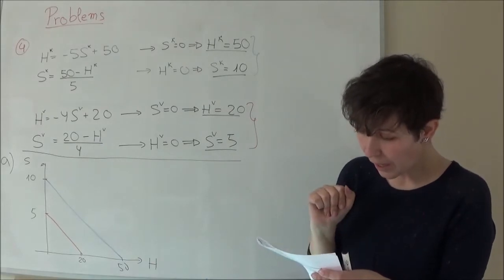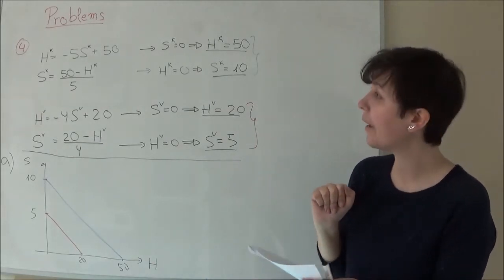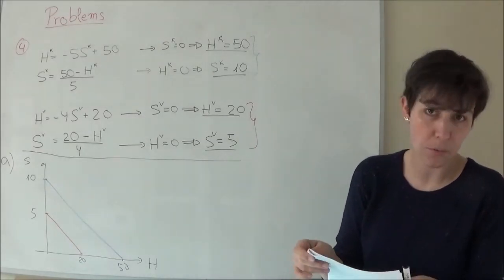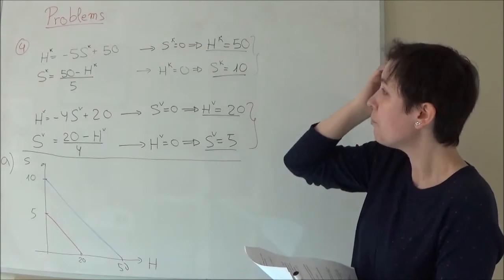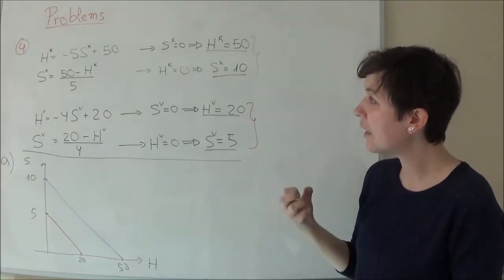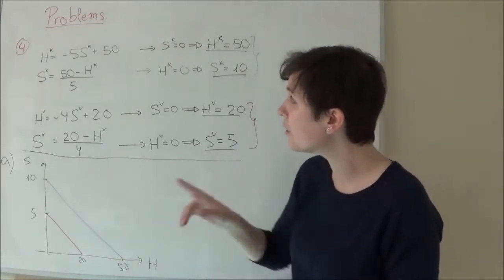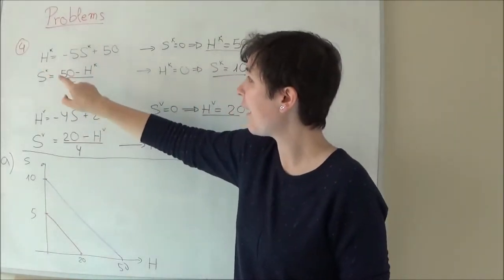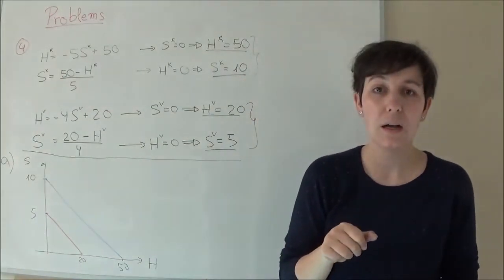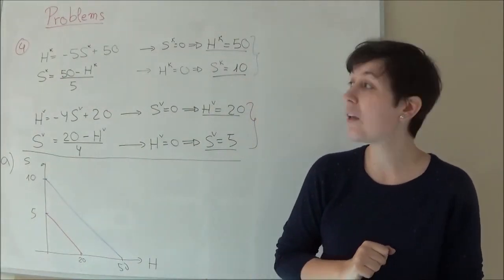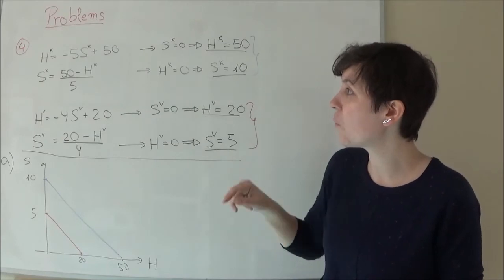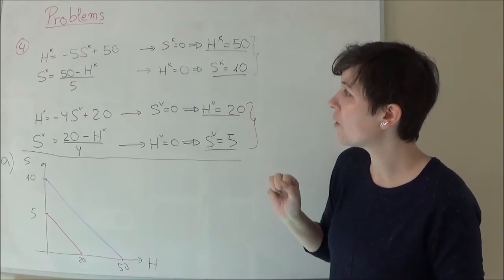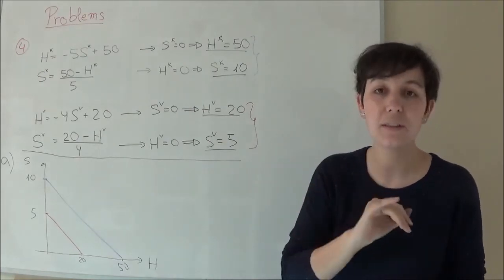And also, I have to say if any economy has an absolute advantage in the production of a specific good or both or whatever. So to make the graph, what I need is just 2 points, because I know that this is a straight line, right? None of the variables H or S are squared or anything like that. So that's why I know that 2 points is enough.